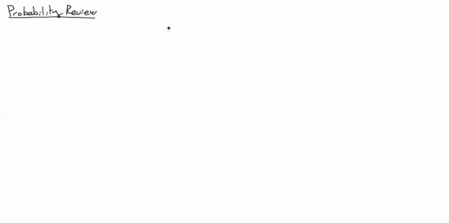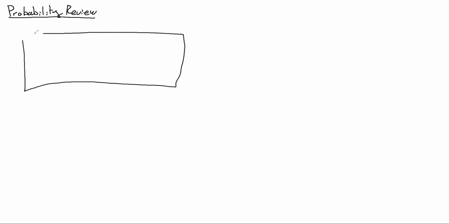So let's say I'm going to draw a box. Let's say all of this is our space of possible outcomes.